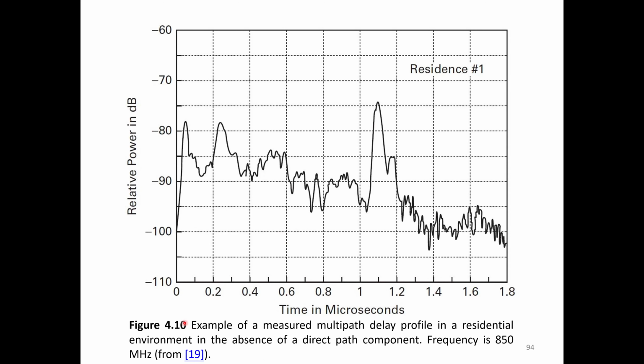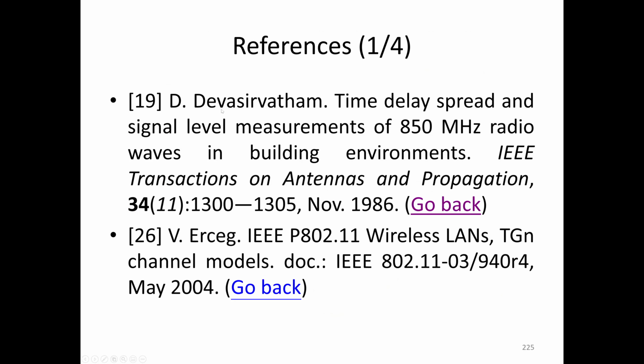Next let us see figure 4.10, example of a measured multi-path delay profile in a residential environment in the absence of a direct path component. Frequency is 850 MHz. This figure is also from reference 19.